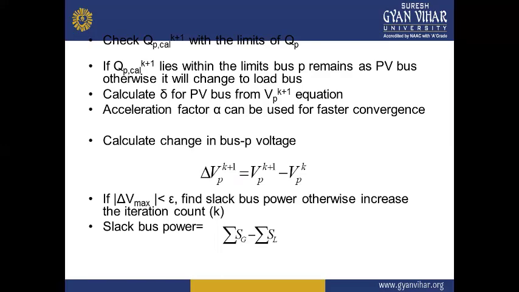That means earlier, if suppose the algorithm was converging in 20 iterations, now the algorithm with the acceleration factor will converge within 10 to 15 iterations only. That means around a 70% speed has been gained.